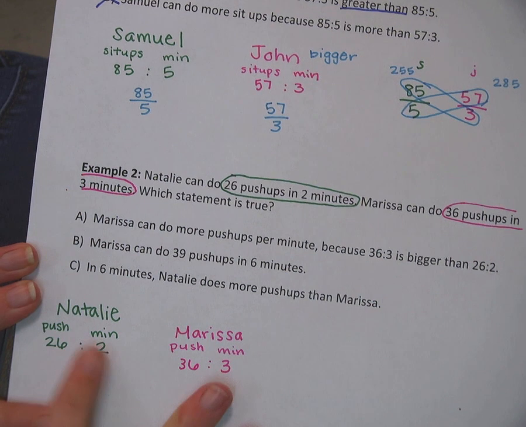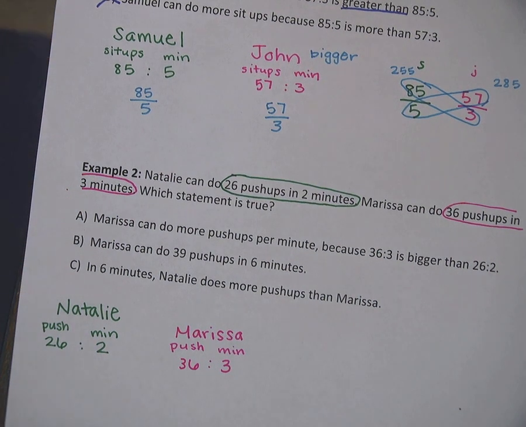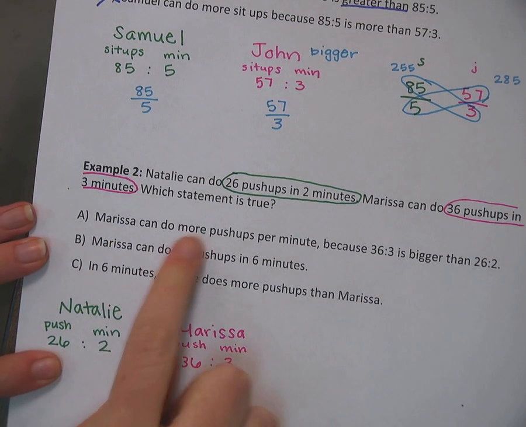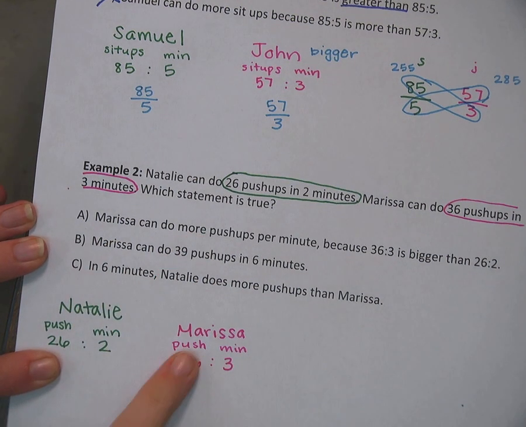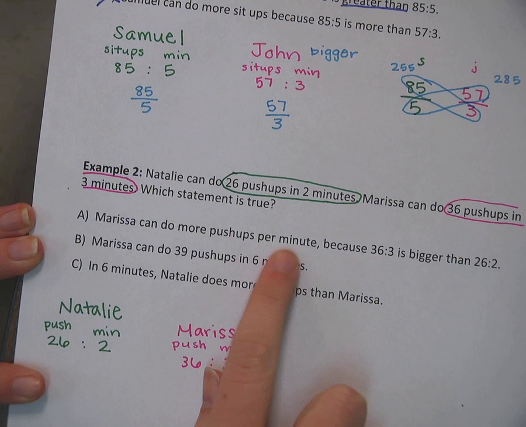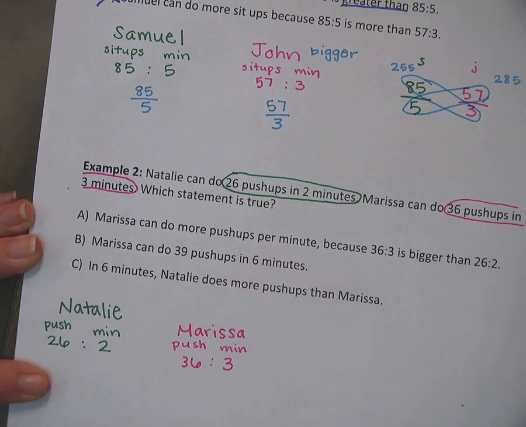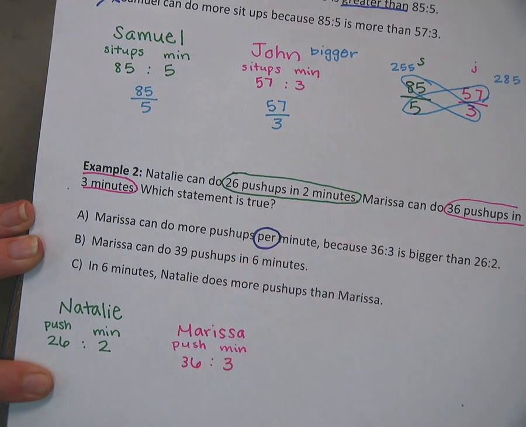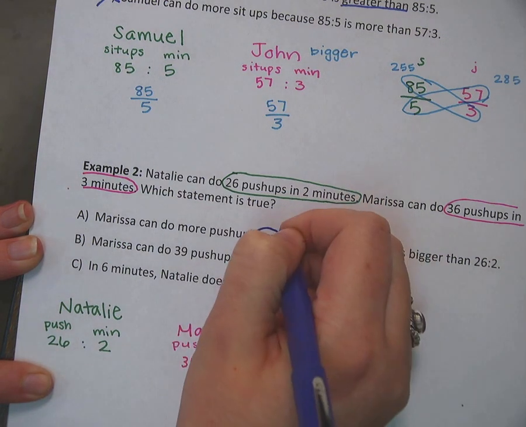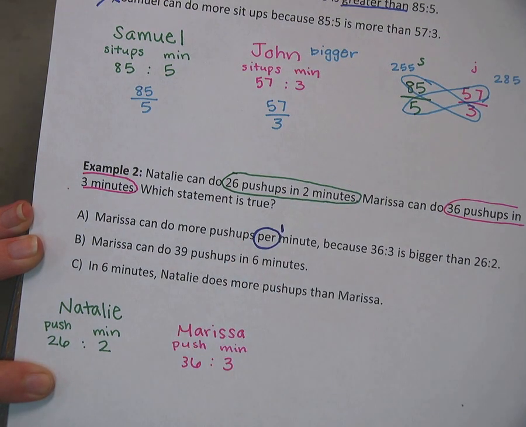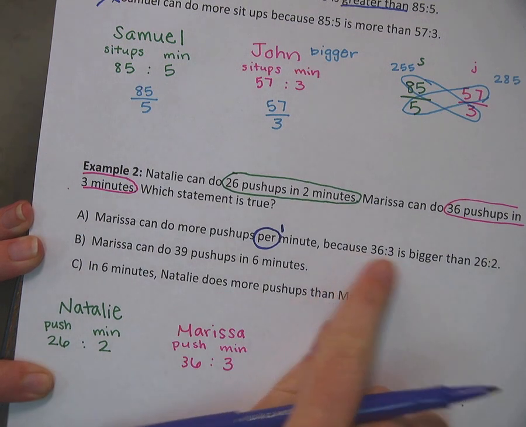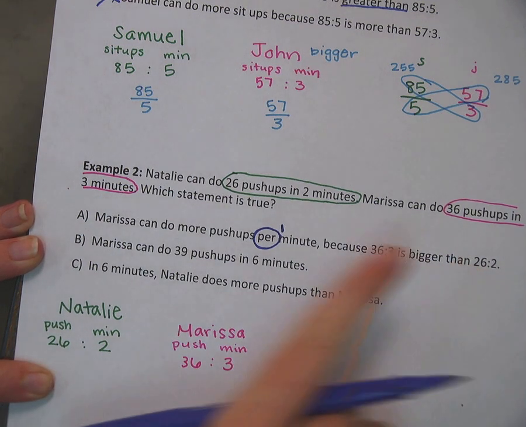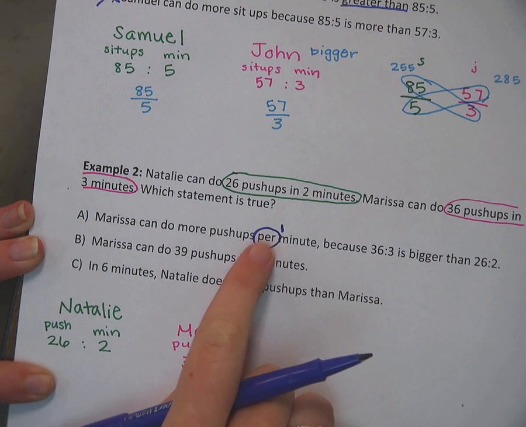Okay, so now I can go through. I've labeled my numbers, it's a little bit easier to see. So A, Marissa can do more. Okay, so they're saying Marissa can do more per minute. So now, this is super important here, per minute. So per means 1 minute. So they did use the ratios, but we want 1 minute.